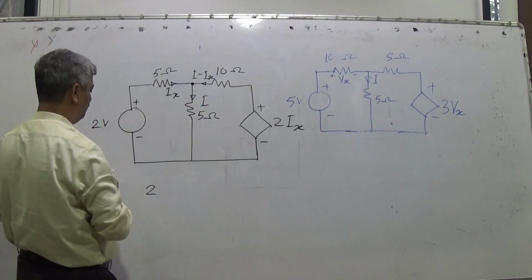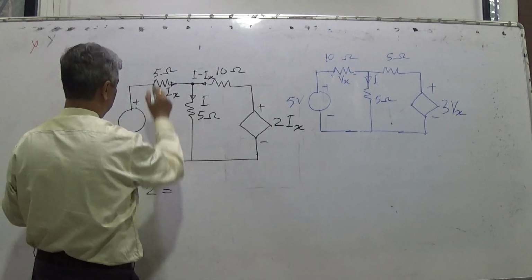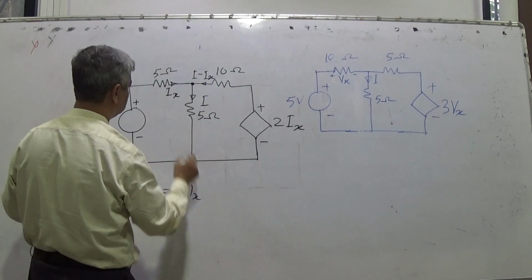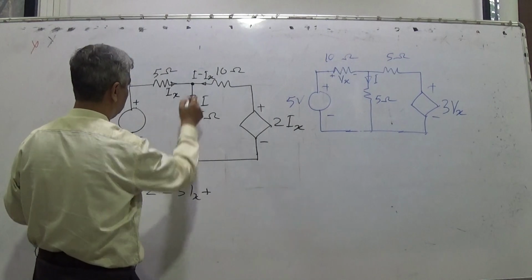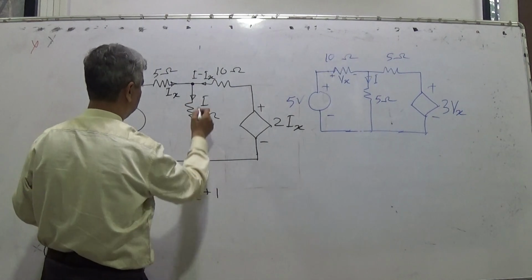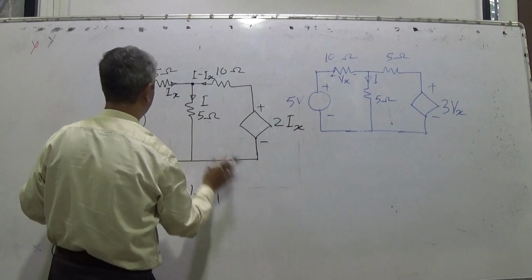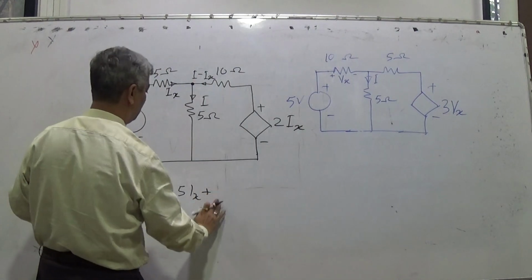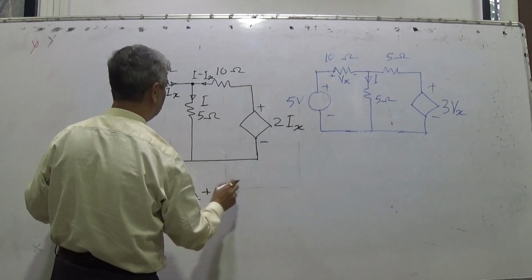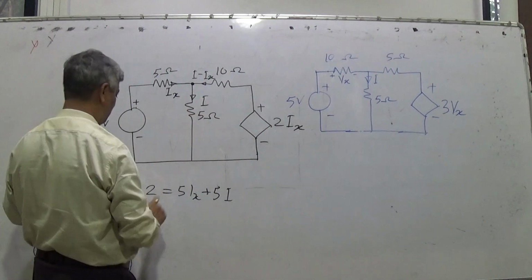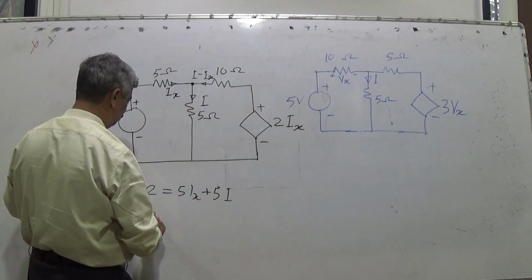So for this loop, 2 is equal to 5Ix plus 5I. And for this loop, it is simple.